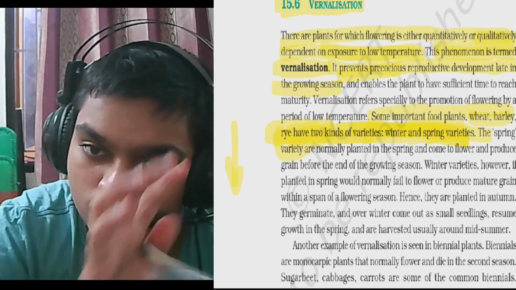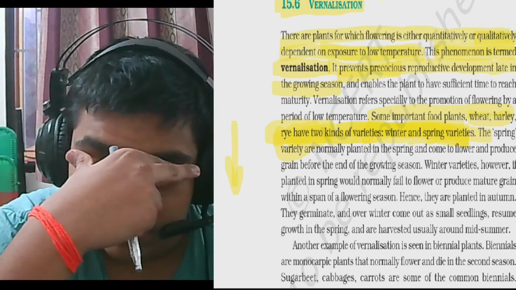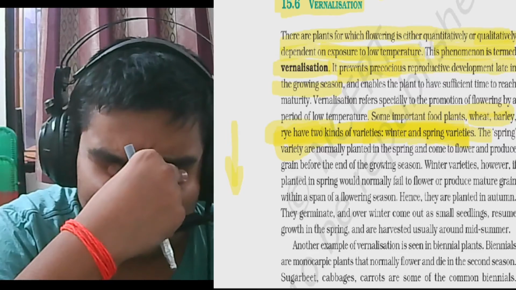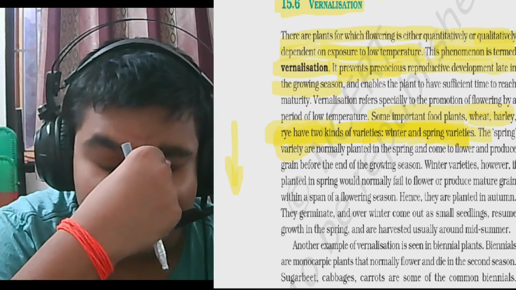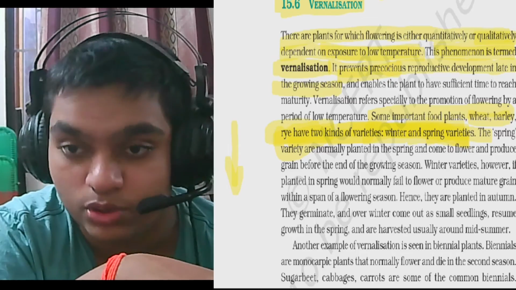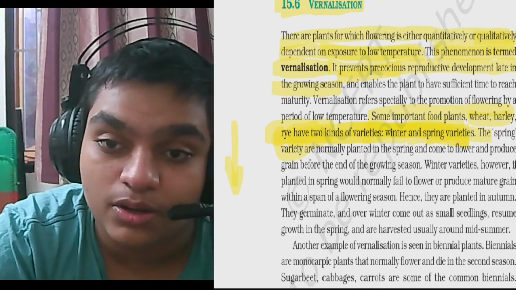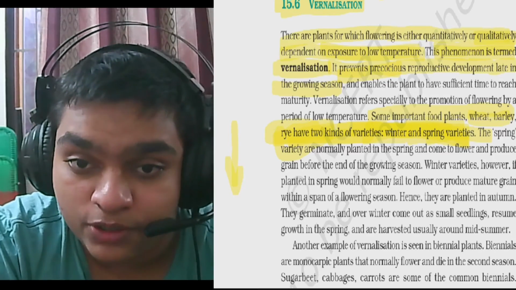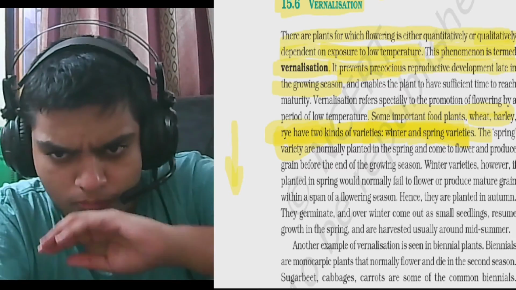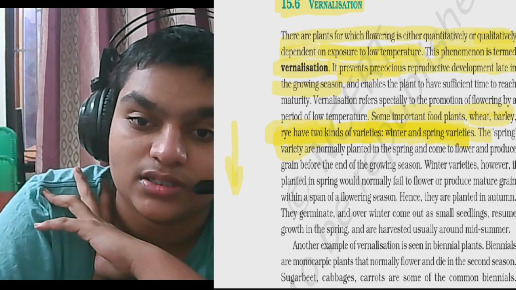We have two varieties, as vernalization plays an important role in them. The winter varieties need low temperature. The spring varieties are normally planted in the spring and come to flower and produce grain before the ending of the season.